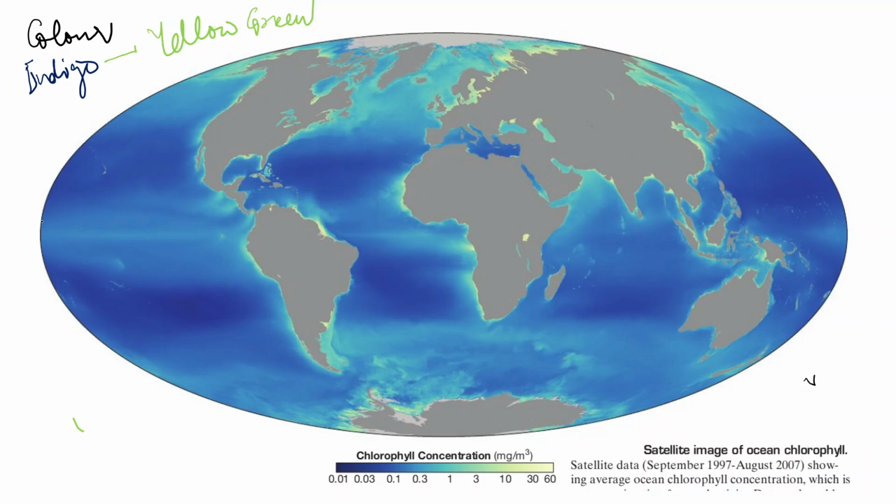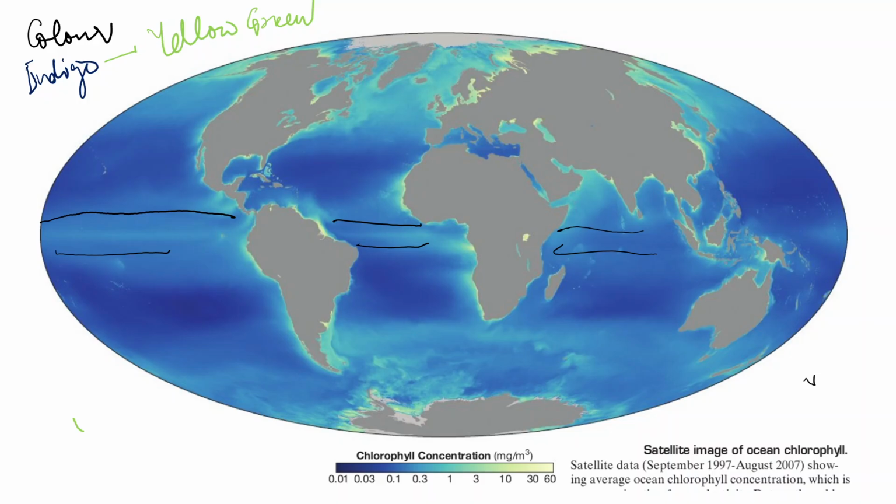And if we look at the equatorial zone, you can see a slightly yellowish green color. The reason is the upwelling zones. The equatorial upwelling zone also has higher nutrients. So whenever nutrient concentration is higher, it leads to higher productivity, higher production of phytoplanktons, which are photosynthetic organisms containing chlorophyll.